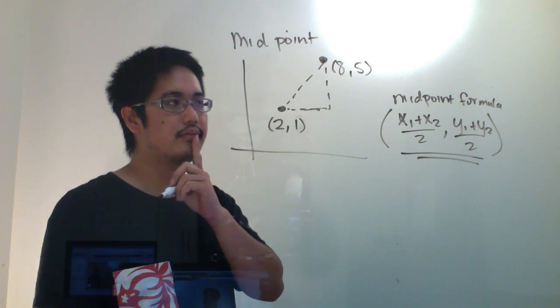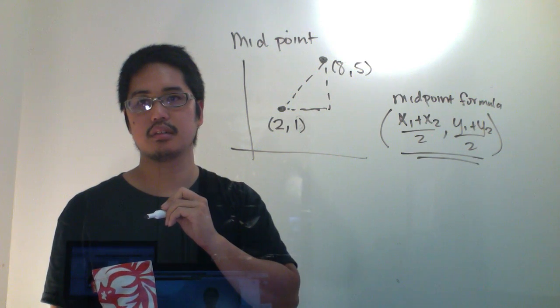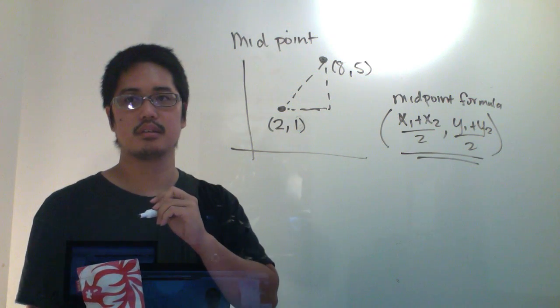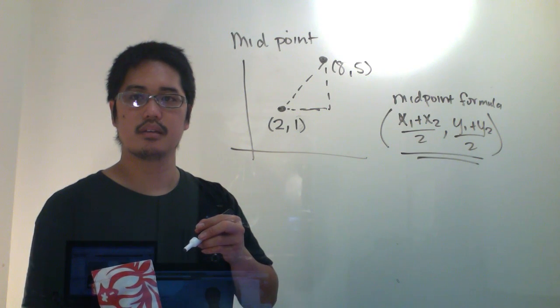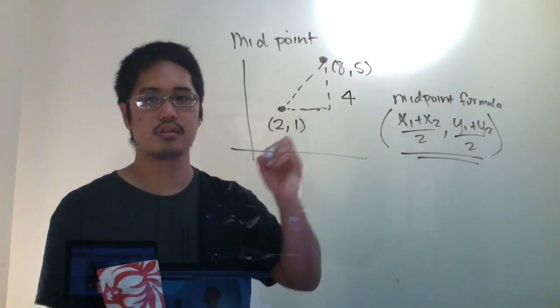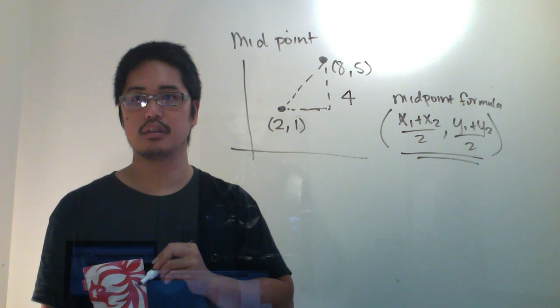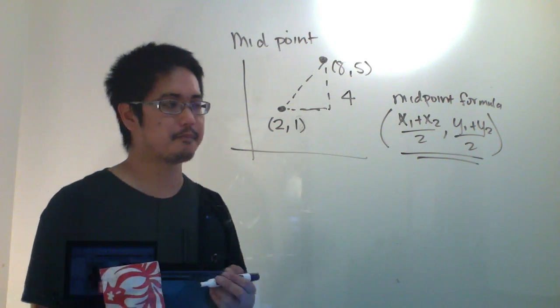No, it's not 5. Because it goes up to 5, but it comes down to 1. So what's the height of that? It's 4, right? 5 minus 1 is 4.